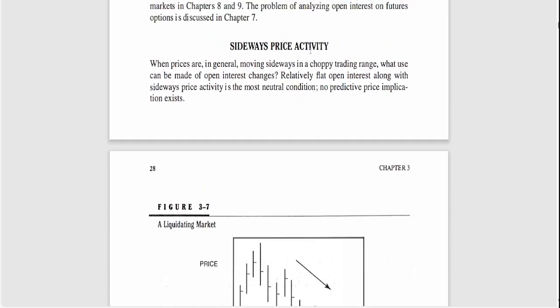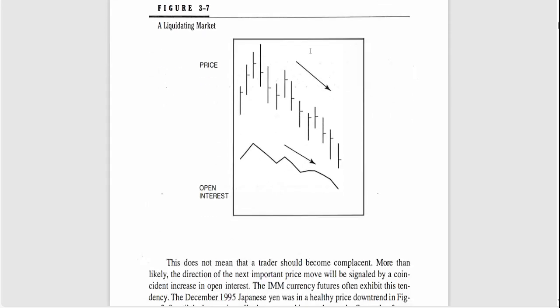Sideways price action. When the market is going down and open interest is decreasing, that means it is not a healthy bearish market. It means shorts are being covered and the market is liquidating, meaning sellers are closing their sell trades.